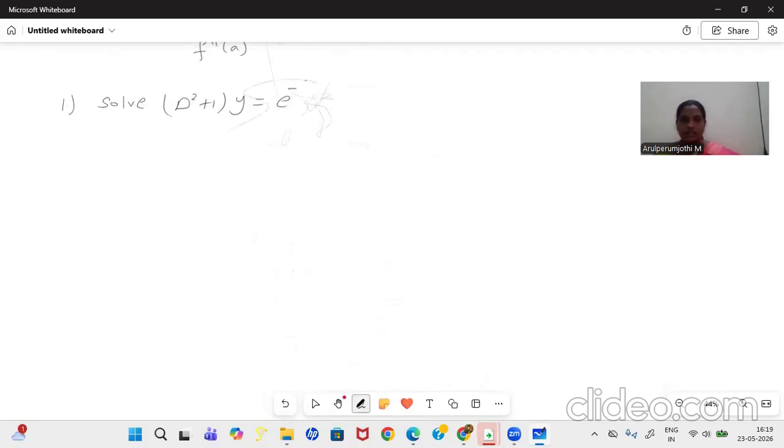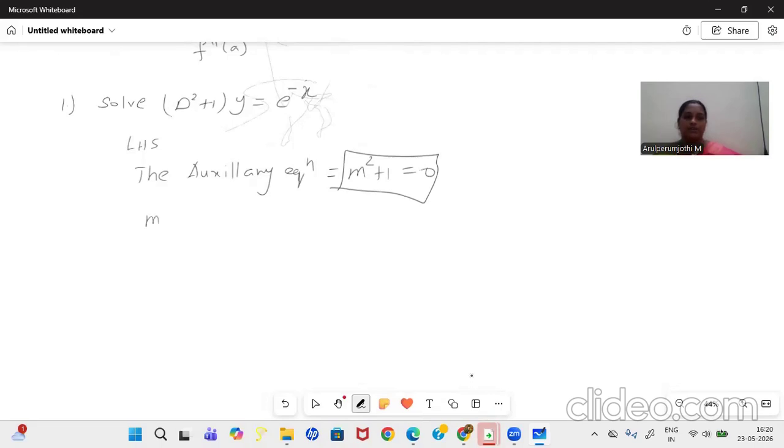So it is e power minus x. To find the solution for this differential equation, first take your left hand side, d square plus 1, which can be written as an auxiliary equation. So the auxiliary equation for this problem is m square plus 1 is equal to 0.